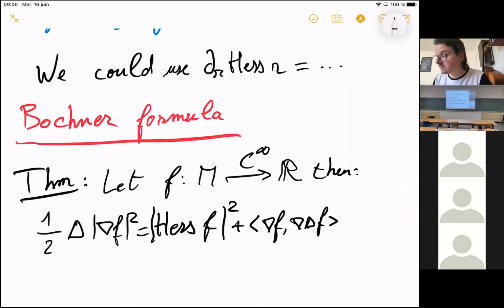This formula, as I write it here, would be true in Rn. It's just like commuting partial derivatives. You can do a sanity check in Rn as an exercise. But when you're on a manifold, higher derivatives don't commute anymore, and because you are computing third derivatives, that's where curvature enters.